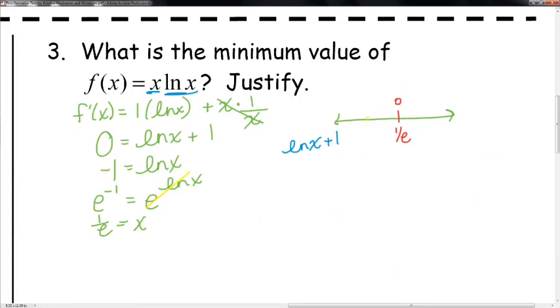Alright, let's plug in a value less than 1 over e, which is approximately, I think, about 0.3 something. So let's say ln of 0.1. So on your calculator, do ln of 0.1. I think you get negative 2 something. And add it to 1. So negative 2 point something plus 1 gives me a negative number.